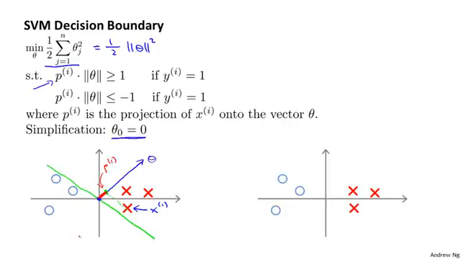And that's going to be pretty small, right? And similarly, if this example here happens to be x2, my second example, then if I look at the projection of this example onto theta, let me draw this one in magenta. This little magenta line segment is going to be P2.